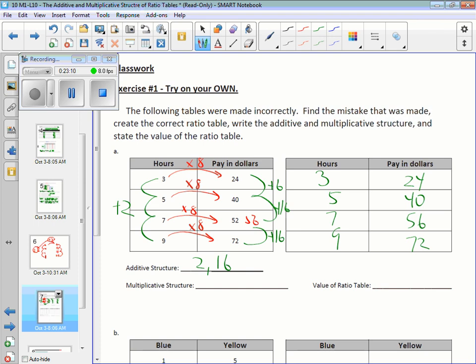What's the multiplicative structure? John. Right. What's the value of the ratio? Charles. Nope.